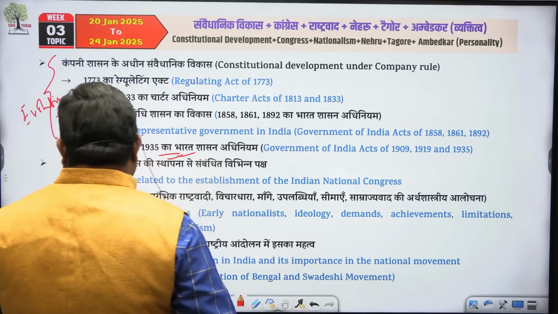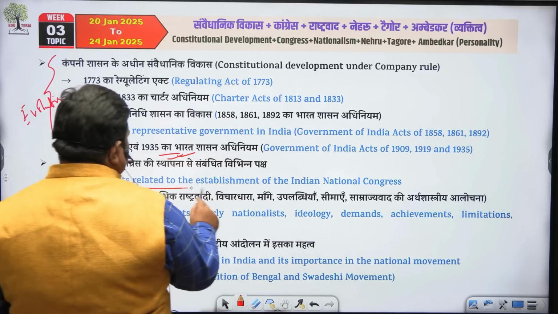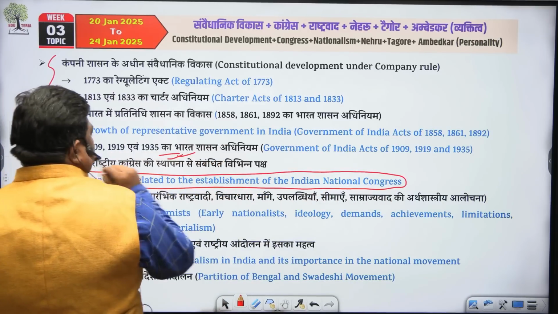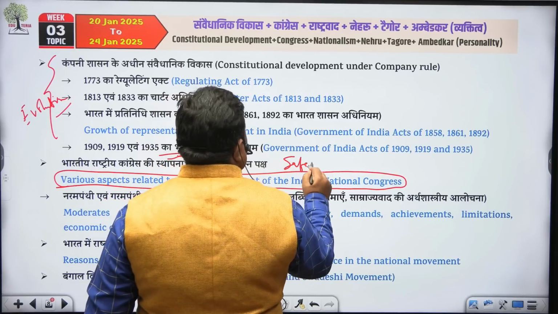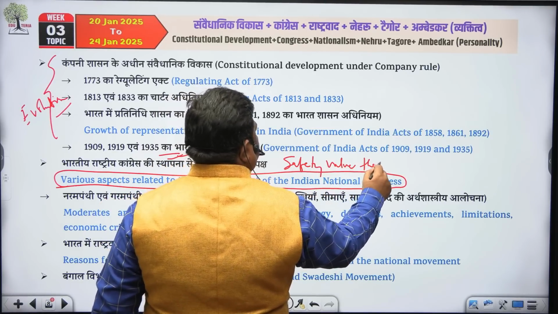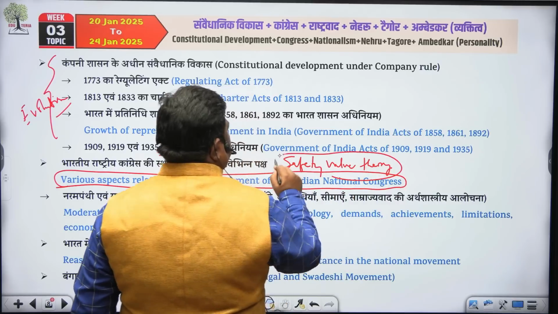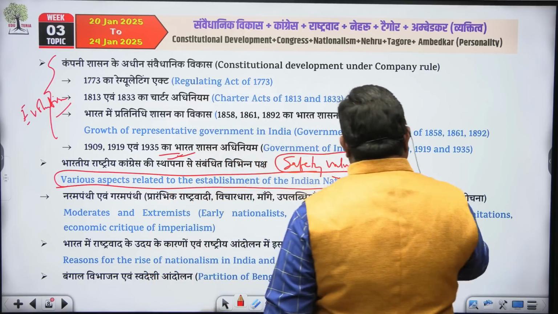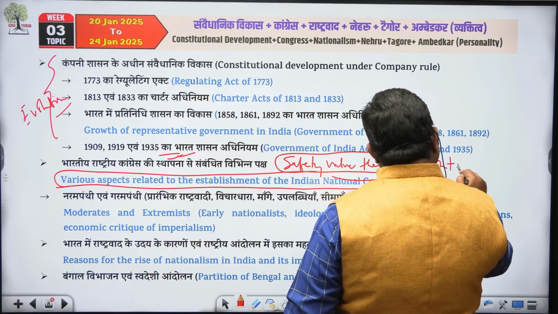Then I have seen some questions in BPSC. One of the most popular ideas is the safety valve theory. Generally they ask about this, and they might ask you the counter theory as well, the lightning conductor.